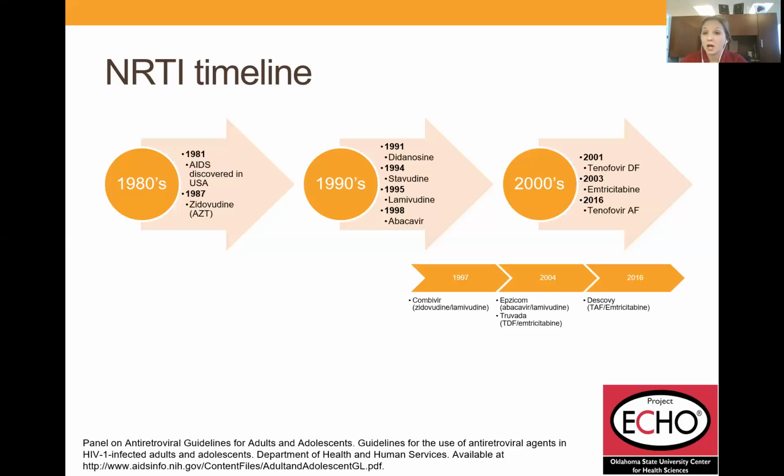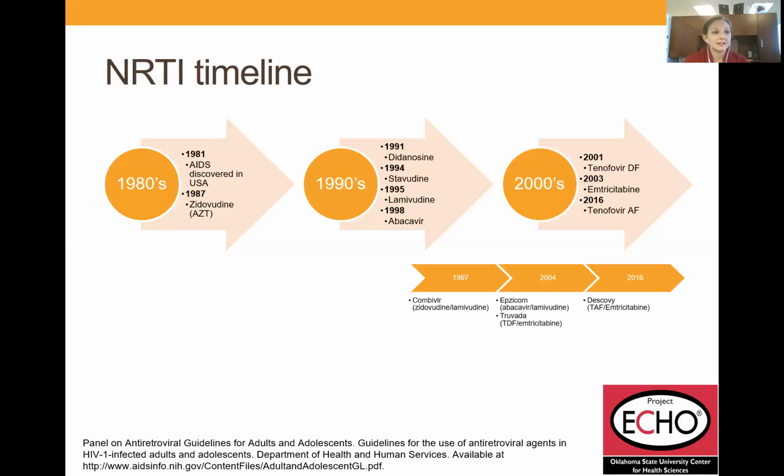The 90s gave us a lot more of our nucleosides. So here we see didanosine, stavudine, all of which are no longer used, lamivudine and abacavir. And then the 2000s gave us tenofovir disoproxil, so TDF, as well as TAF 15 years later. And so we'll talk through some of those.